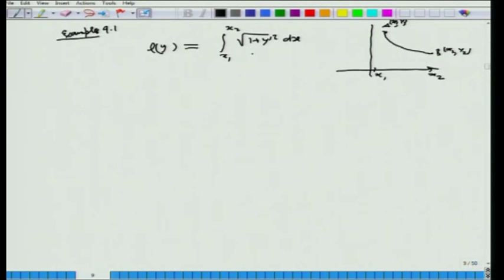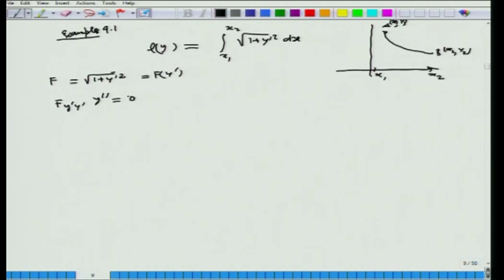Now, here f is square root of 1 plus y prime square, and this is a function of y prime only. So, we should have f_y prime y prime times y double prime as 0.